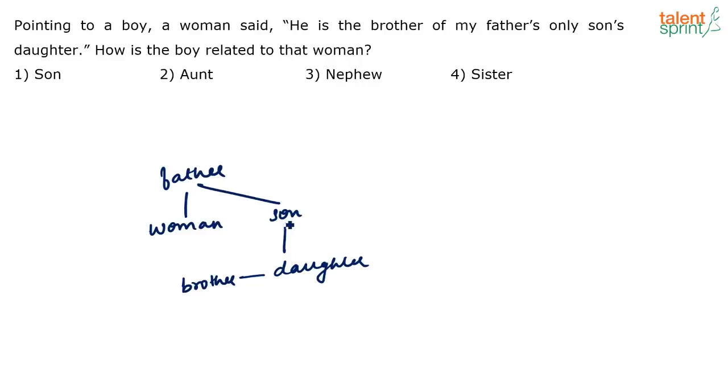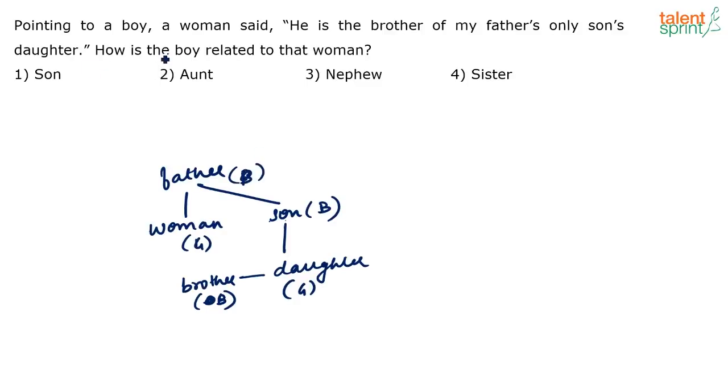So my father's only son is this lady's brother, and these two are her brother's children. This is anyway male, female, again male, and this is also a female. His gender is not even required, anyway male.